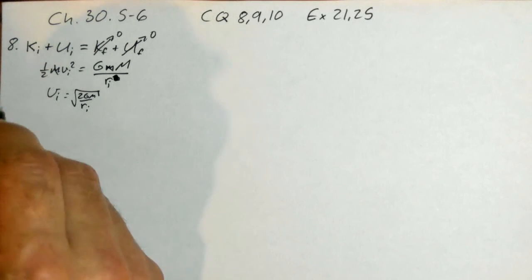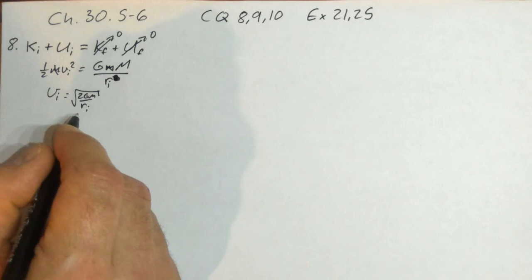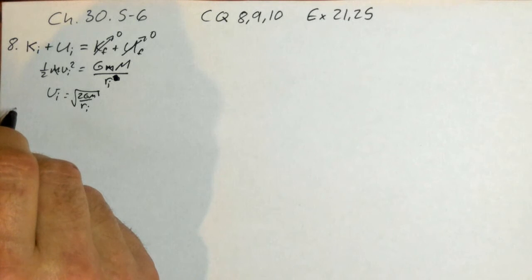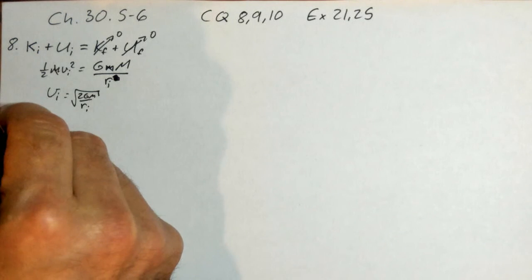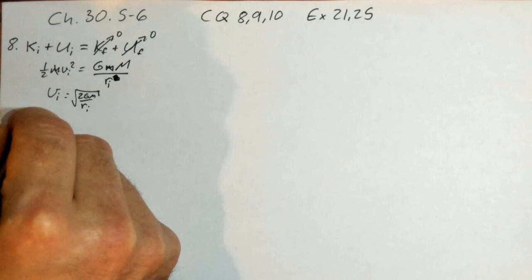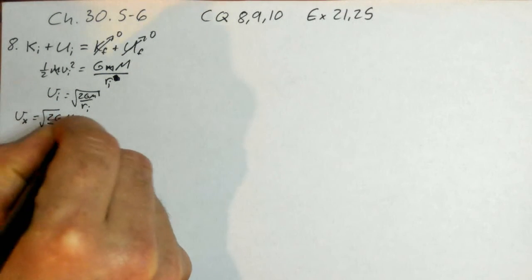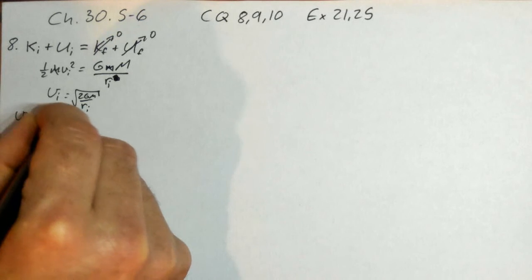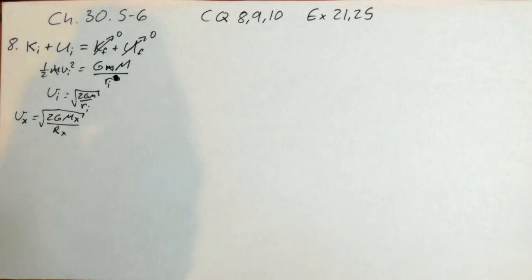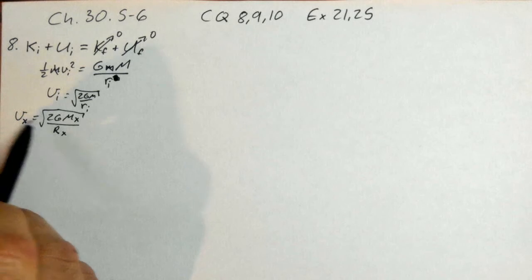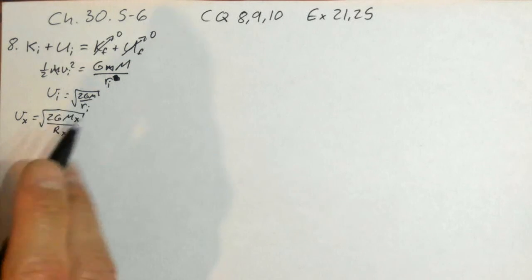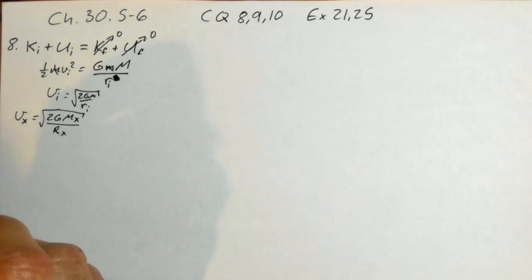We say that the escape speed for planet X is 10,000 meters per second, and so that'd be Vx is square root of 2GMx over Rx. All right, and we know this, but we don't know either of these. That's all right because we're just doing proportionality.